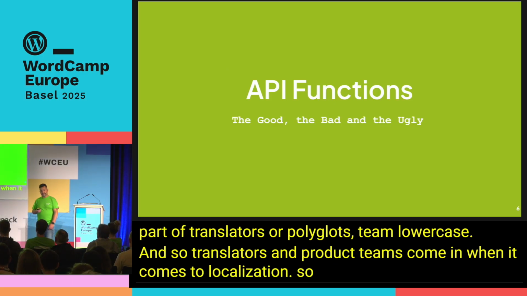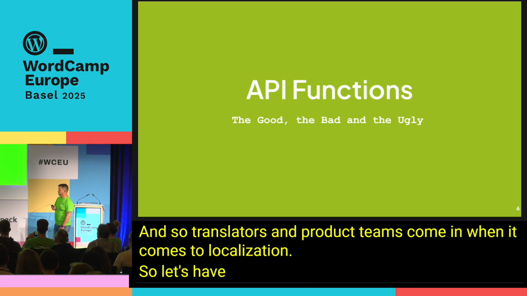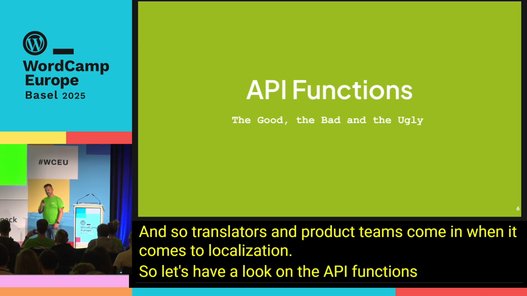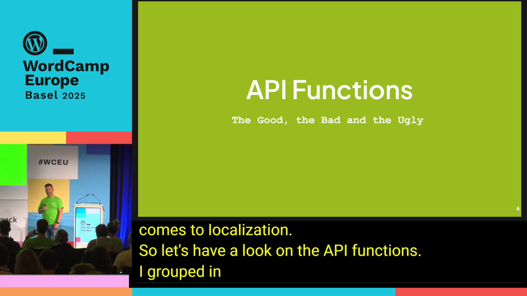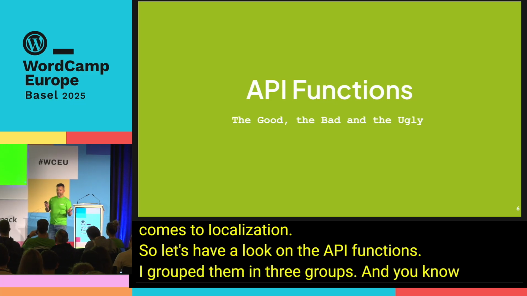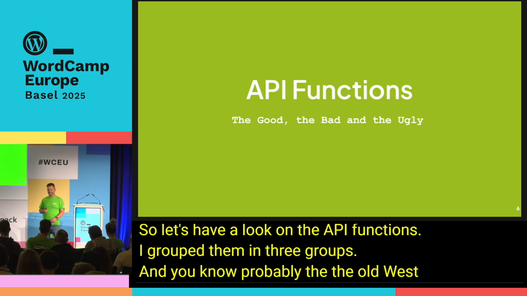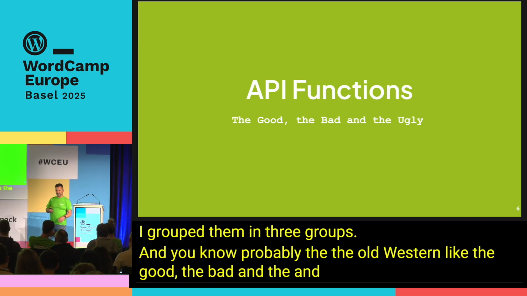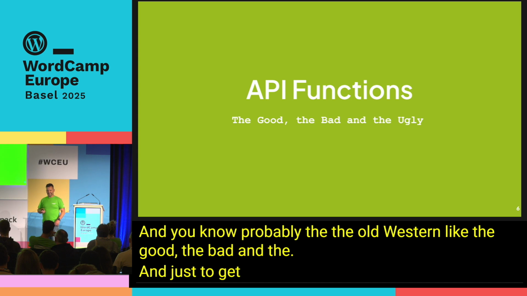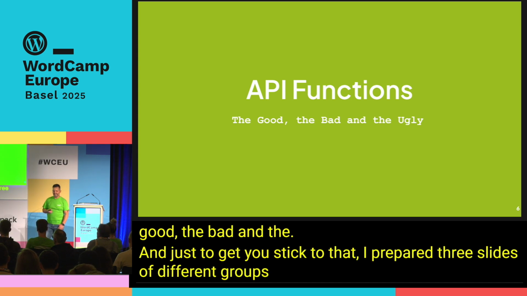So let's have a look at the API functions. I grouped them in 3 groups, and you probably know the old Western, the good, the bad, and the ugly. Just to make it stick, I prepared 3 slides with different groups of functions.